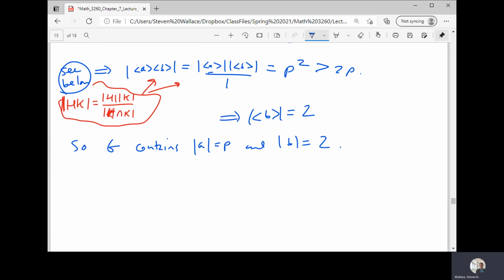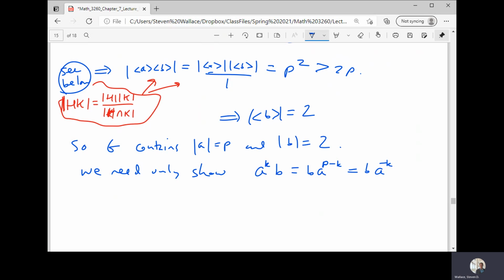We need only show that A to the K B is equal to B A to the P minus K, or if you want, just B times the inverse of A to the K. This is the relation for the dihedral group.